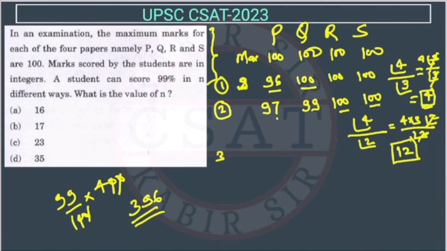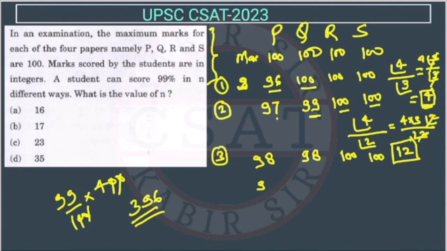Now the third possibility. In the third possibility, he is getting 98 marks in the first paper P, right? And here two possibilities get created. We can decrease 1 mark here also, so 98, 100, 100. I am telling you how to approach so that we don't get confused.